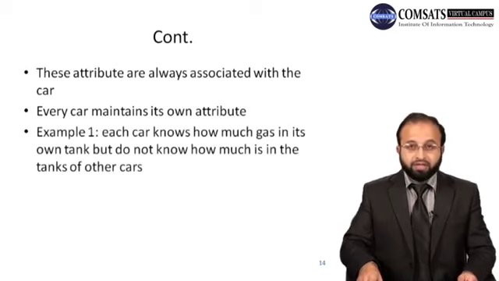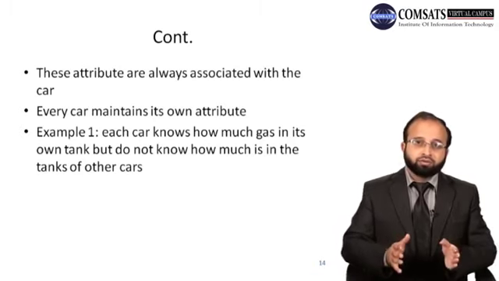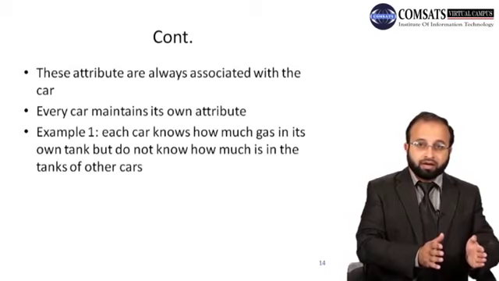For example, each car knows how much gas is in its own tank, but doesn't know how much is in the tank of another car. If I switch on my car, it shows me how much petrol I have in my tank, but it won't tell me how much petrol is present in your car. So this means that the attributes belong to that particular car.